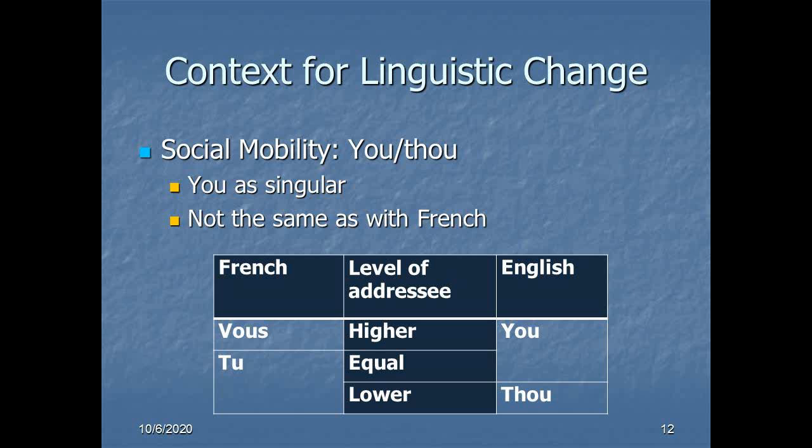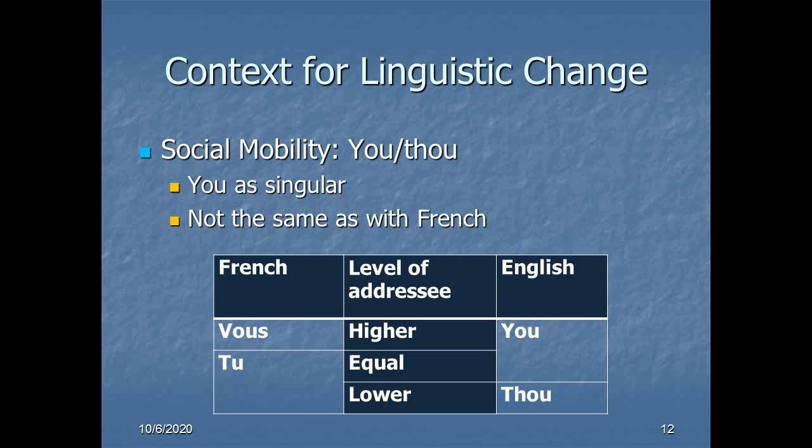Now, in French, tu is a singular, but it's also what one uses to address somebody of lower status. Or at least in older French, that was the case. Whereas vous is the plural, but is also used to address someone of higher status, even in the singular.